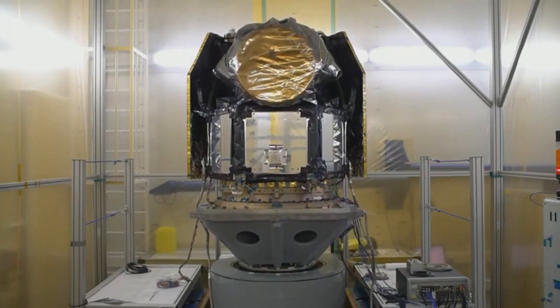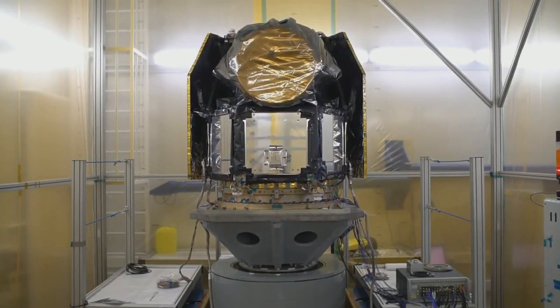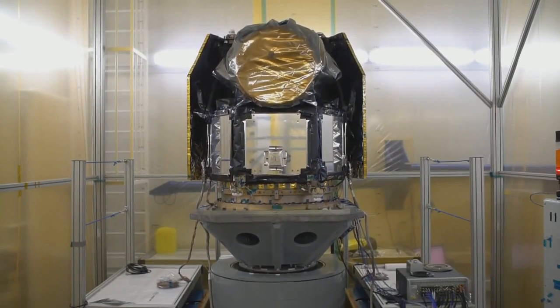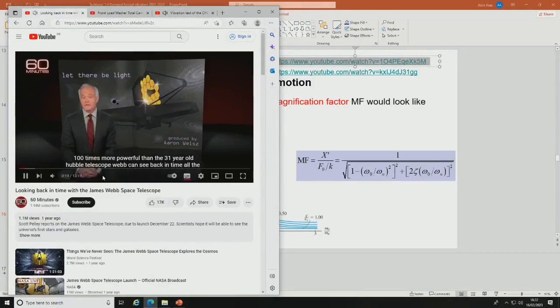That Wednesday, NASA expects to launch the James Webb Space Telescope, the largest and most expensive instrument ever flown, 100 times more powerful than the 31-year.